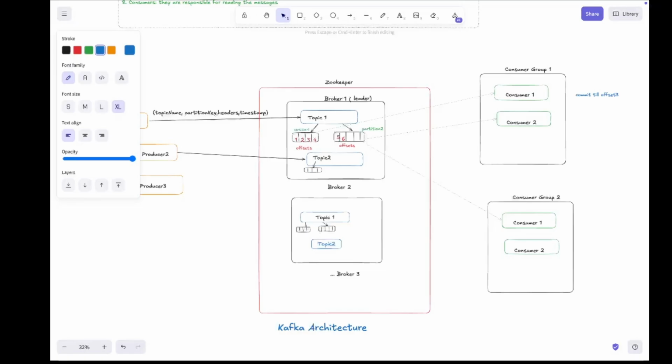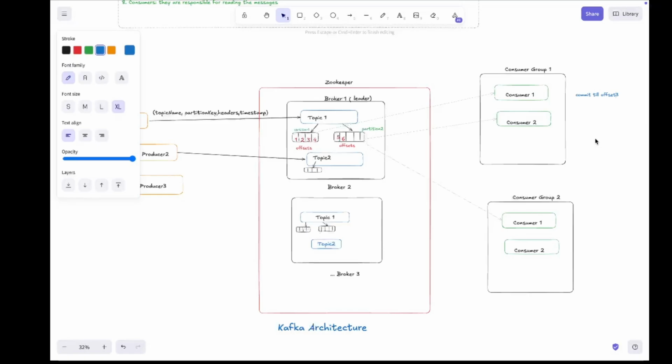Then consumer 2 is trying to read from the same partition, and it can also commit that it has read till offset 5. So consumers in consumer group 1 and consumer group 2 could be reading from the same partition, but how does Kafka know which consumer has read till which point? Here we use offsets to track which consumer has read from which partition and till which point.